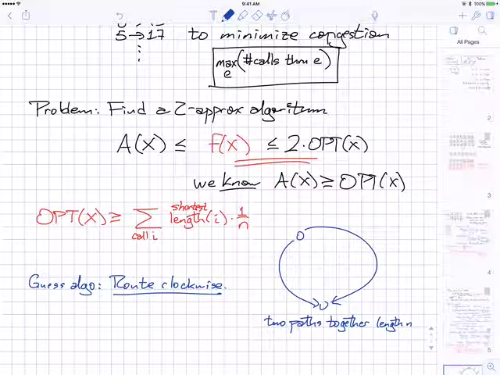So if I imagine being crude about this, I try routing everything clockwise, try routing everything counterclockwise, take one or the other. What congestion am I going to get?